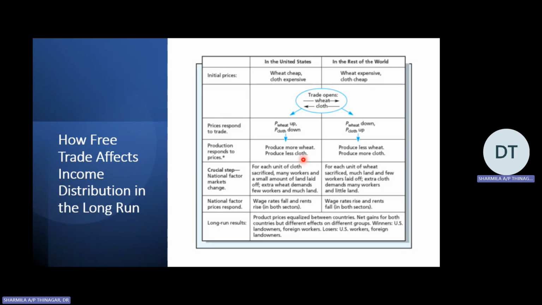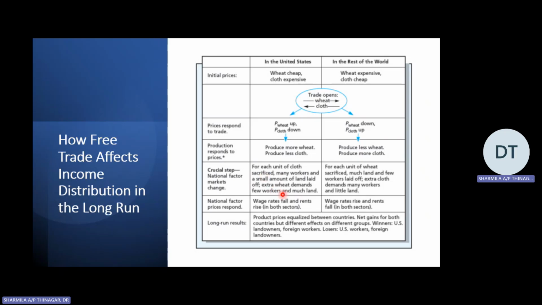For a cloth, you just need a building. That's it. So when you are producing less cloth, you are releasing land, but what is needed by wheat is totally different.